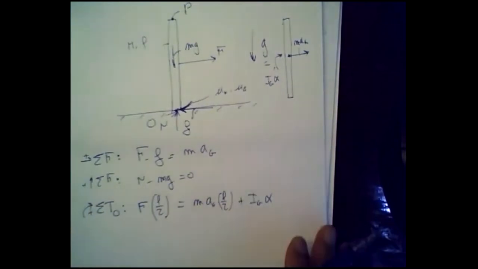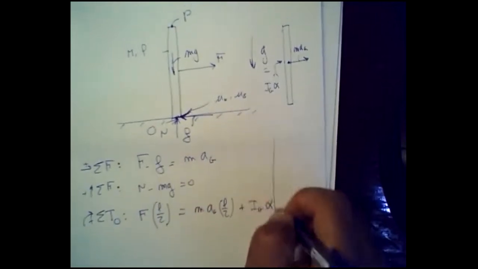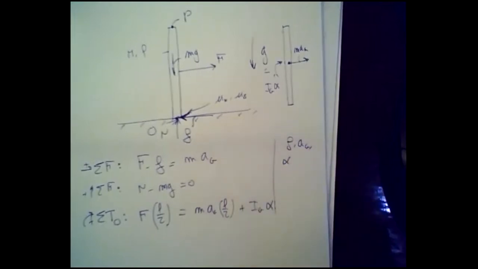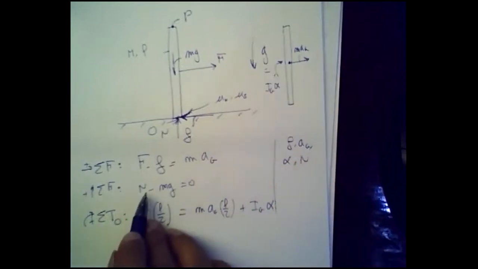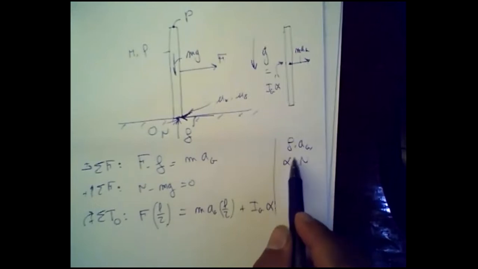Okay, so here, how many equations do we have and how many unknowns? The unknowns are F, AG, alpha, and then N, if you count N, that's fine.